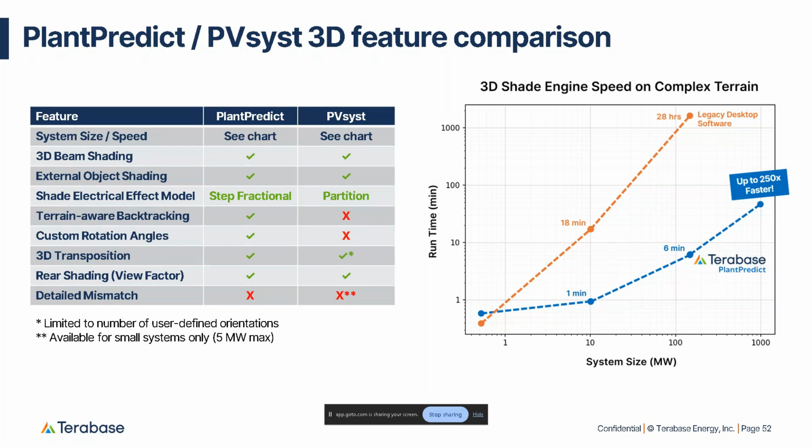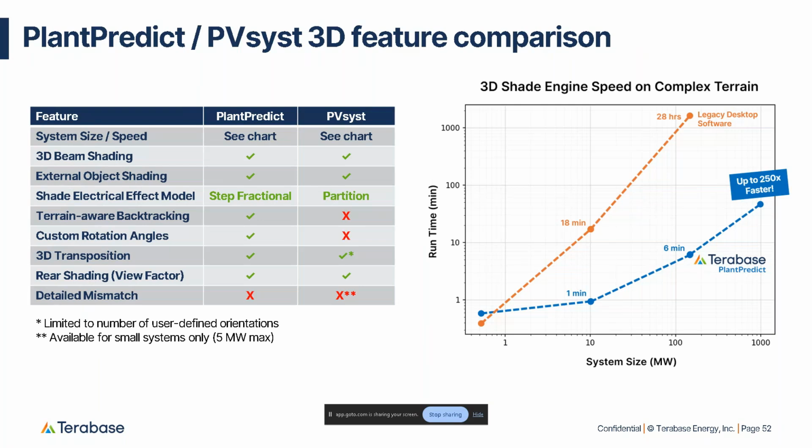And you can see from the charts that with bigger systems, we can go much faster, up to 250,000 times faster, meaning that for a 140 megawatt power plant, our software can resolve that in 6 minutes, whereas it takes 28 hours for PVCs, which is why you have to go to the 1020 table and interpolate. I haven't even tried to run a 1 gigawatt power plant in PVCs, but we are able to do that in less than an hour.